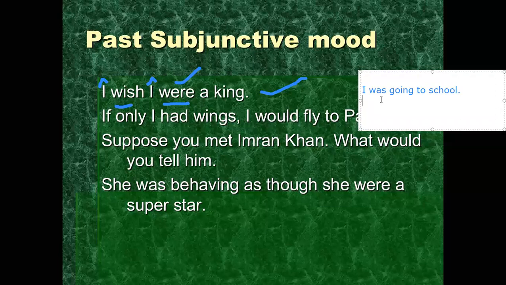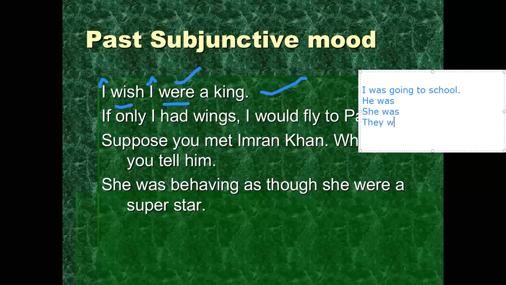We don't use a plural verb. So I was, he was, she was, they were. This is how we write sentences, right? In the indicative mood.